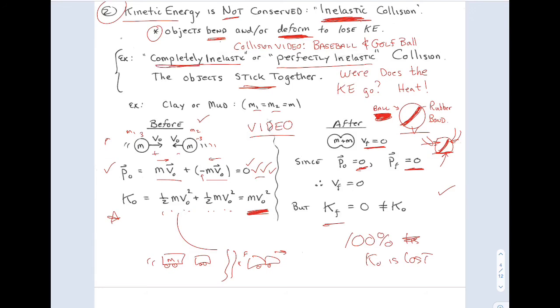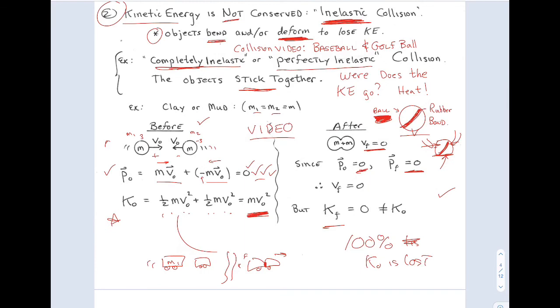It's completely inelastic because they stick together, and in that case kinetic energy is still lost, because when they collided and stuck together, some kinetic energy was still dissipated by a friction force. In actuality, anytime you have a collision, you always have some type of friction.